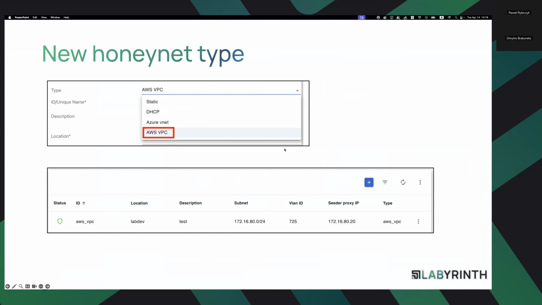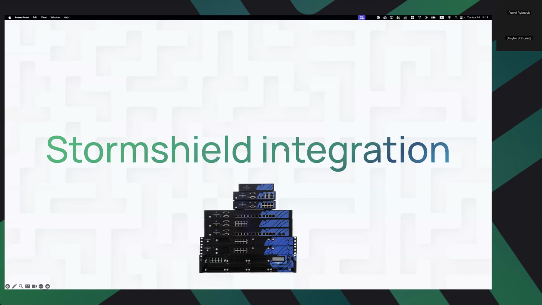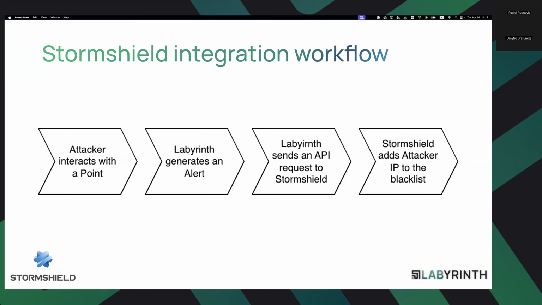Okay, so now let's move on to the next topic, and it is integration with Stormshield network security. This integration works similarly to our integrations with other EDR and firewall products. The core objective is to decrease response time by automatically isolating an attacker immediately after they interact with the point.